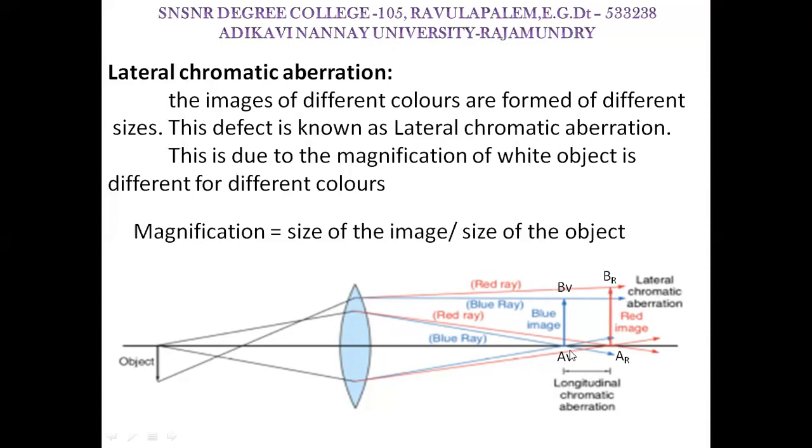Here the distance from the blue image to the red image on the axial line is known as longitudinal chromatic aberration.